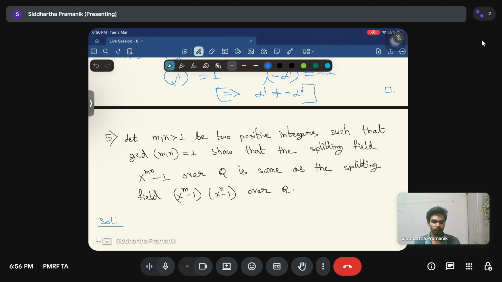So how to prove that both these polynomials have the same splitting field?